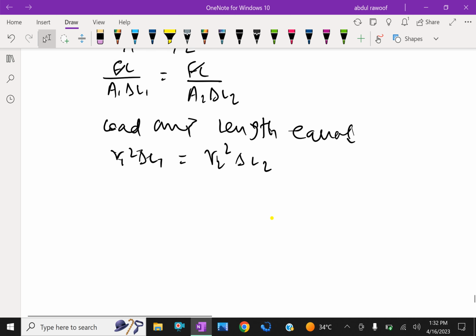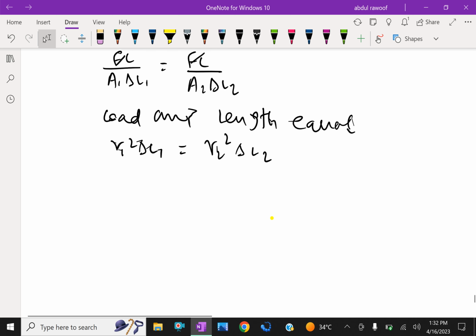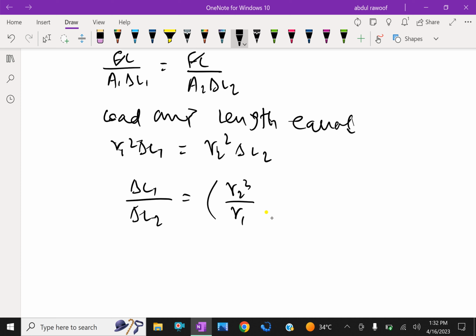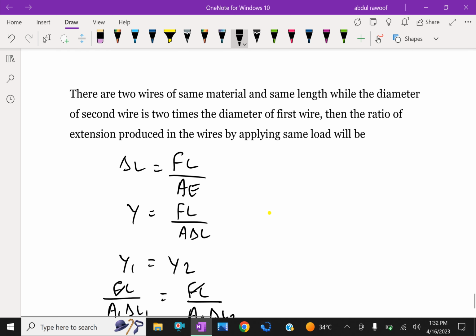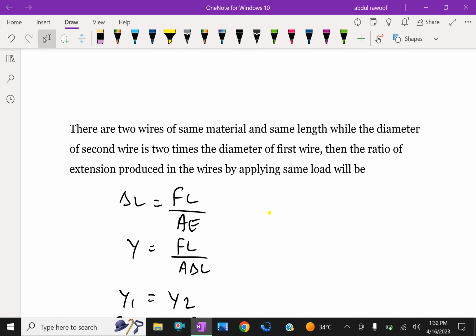From this we get delta L1 by delta L2 equal r2 square by r1 square, which is equal r2 by r1 whole square.